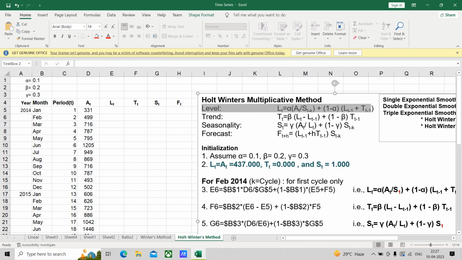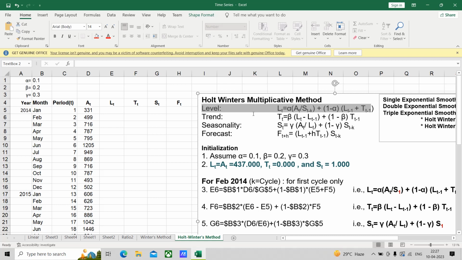All these components are discussed in the earlier video, so I am not going to discuss them in detail. Only I will explain how we will implement these formulas on our data in Excel sheet.